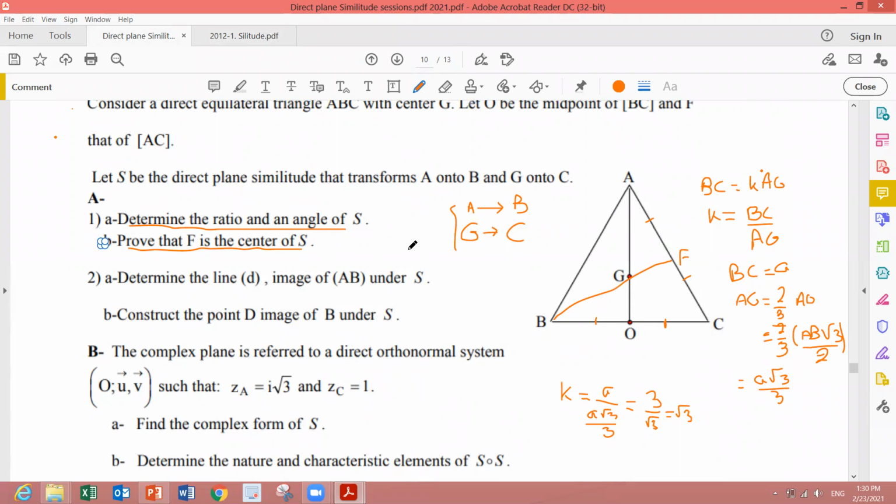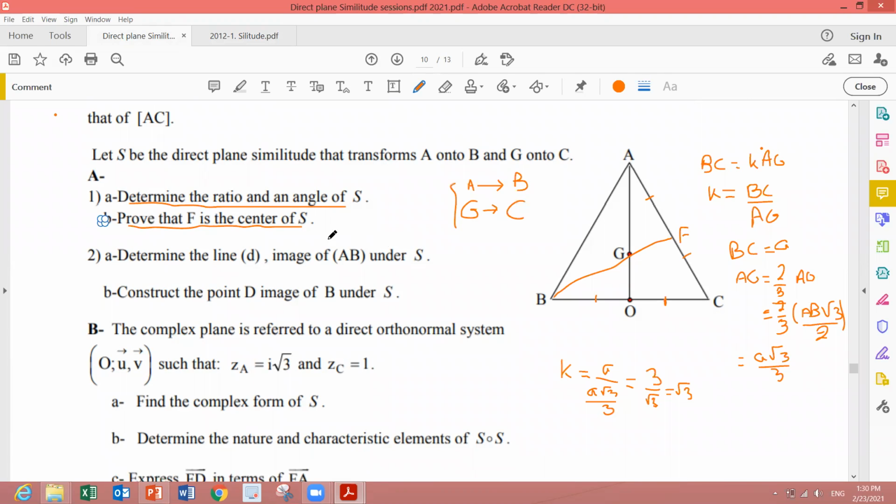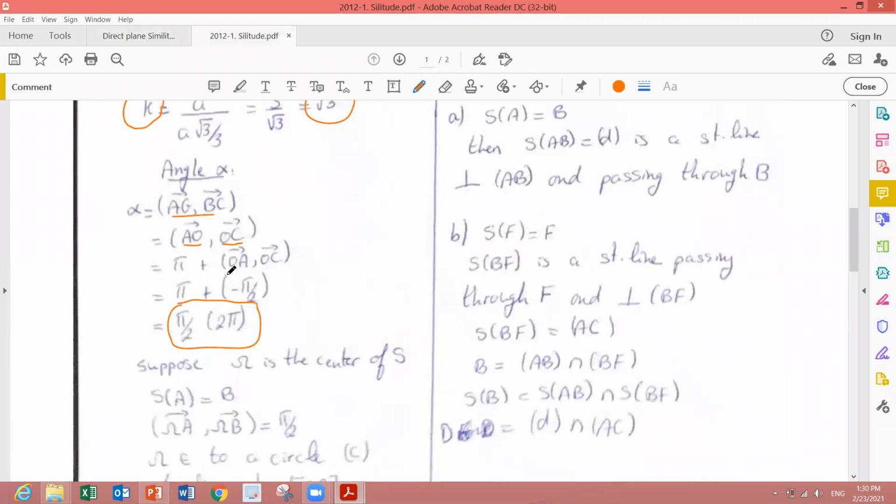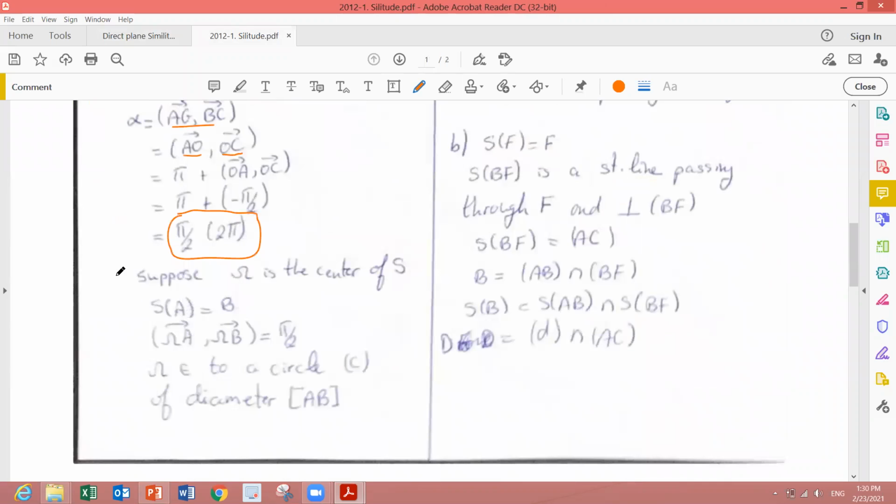S of F equals F. S of A equals B. Okay, we have two ways to show that F is the center. First method. It should be part B.